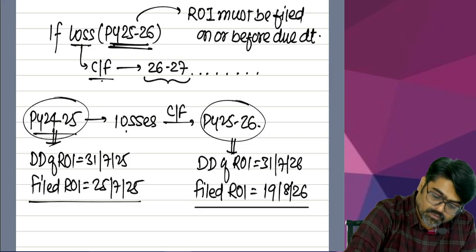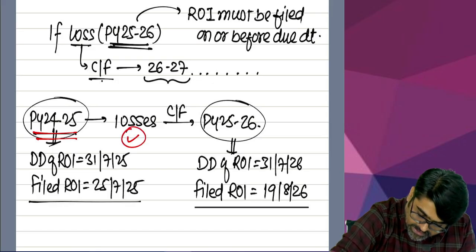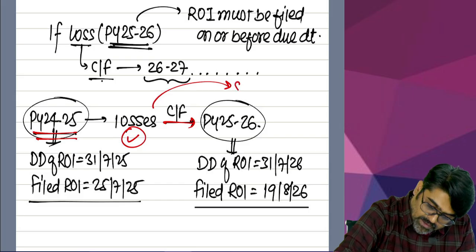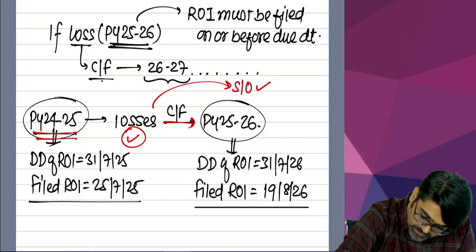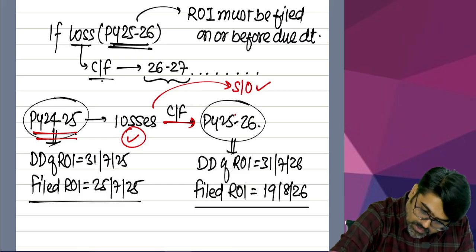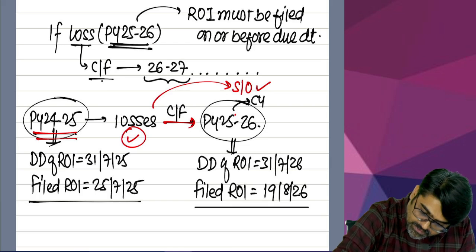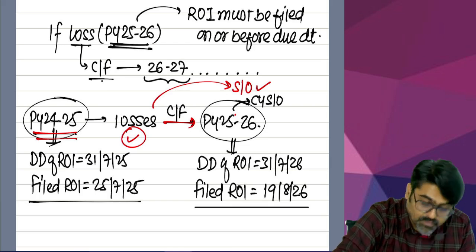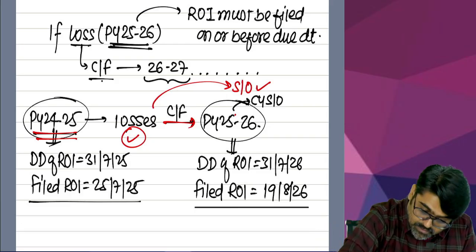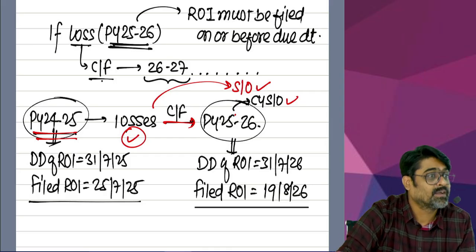So first question. Last year losses are already carried forward and in this year, will these losses be set off in this year? Yes. Okay. What about the current year losses? Current year set off will also be done as per section 70 and 71.